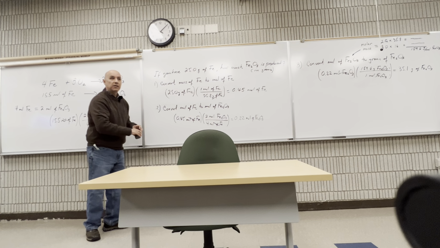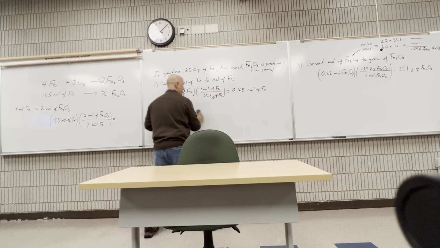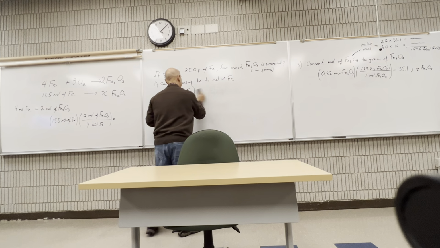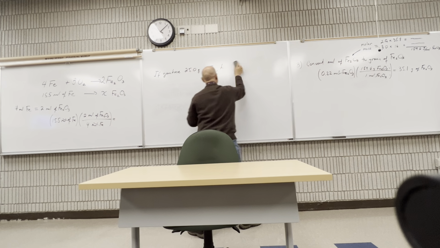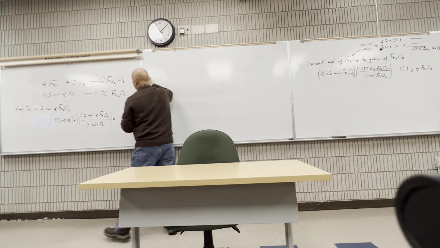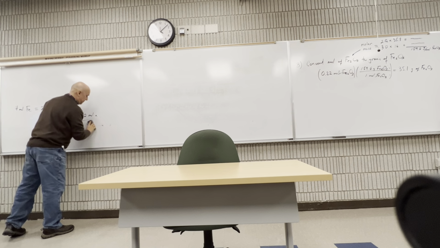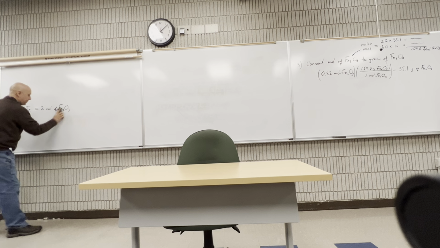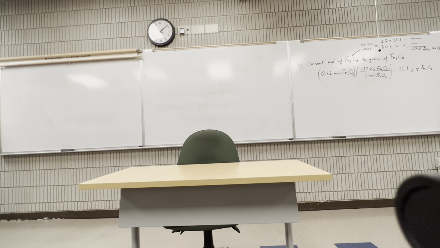Can I erase this? Okay. And I really like an example from your book. It's kind of like my pancake example, but it uses a bicycle as the analogy for explaining limiting reagent. I'm going to put it on the board because I think it's useful.